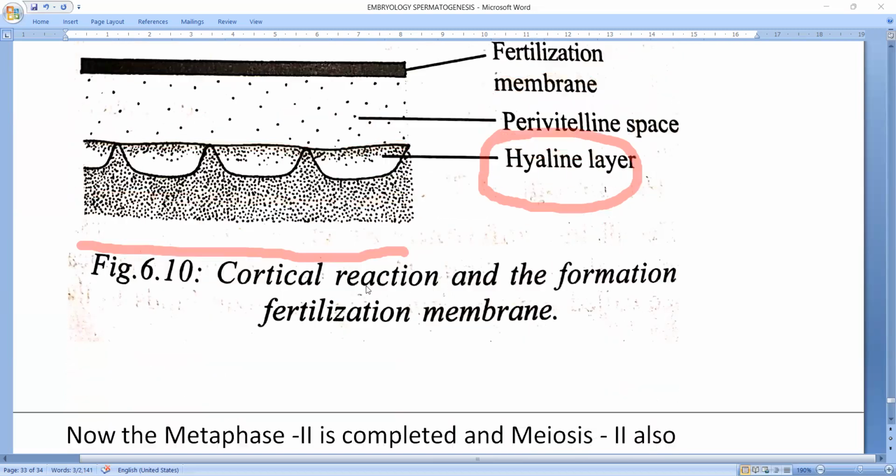Okay, so now the remaining granules of the cortical granules, the remaining substances, they form a layer surrounding the plasma membrane of the egg. So that is called hyaline layer. Okay, this is perivitelline space containing perivitelline fluid.